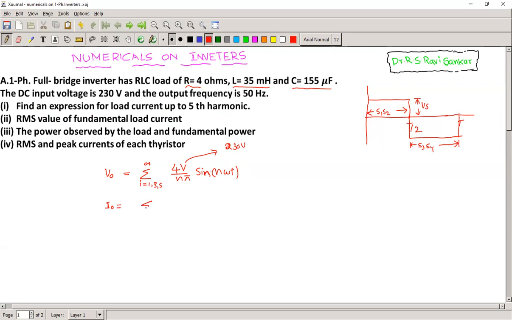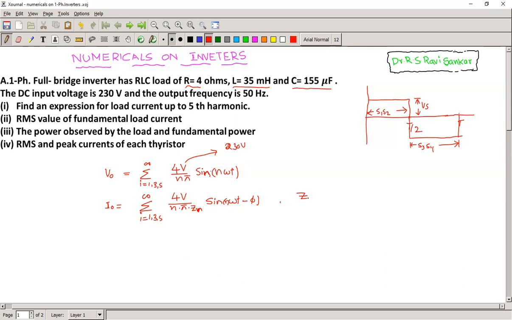i equal to sigma n equal to 1, 3, 5 up to infinity, 4V by n into pi into Zn, sine of n omega t minus phi n. Now let me know what is the expression for the Zn.